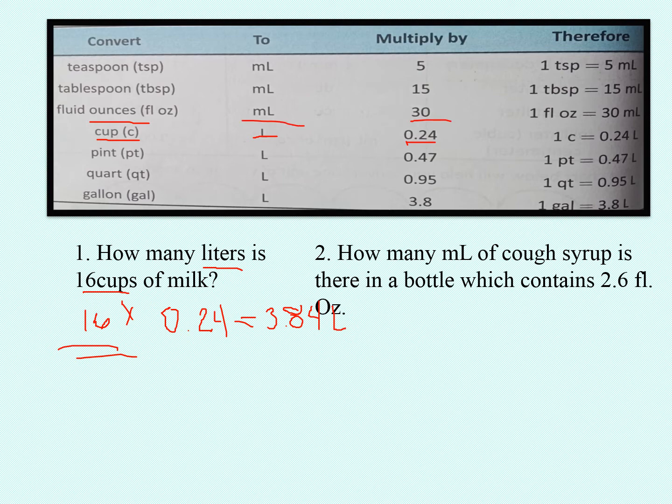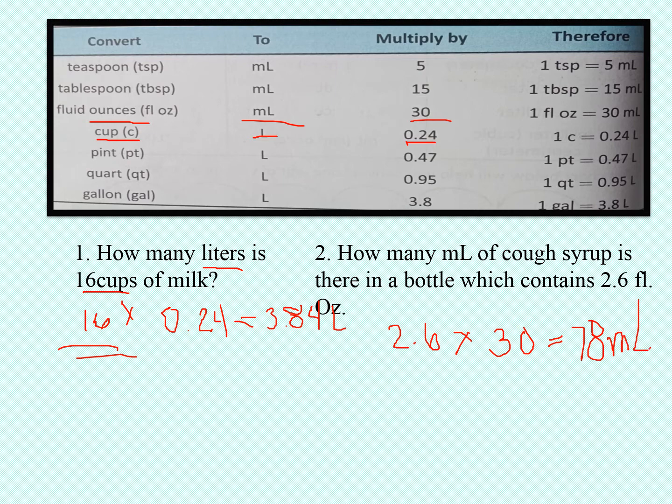So, we have now 2.6. I-multiply lang natin sa 30 para makuha natin yung conversion. So, 2.6 times 30 will give us 78. Then, yung ating magiging unit na will be ml.